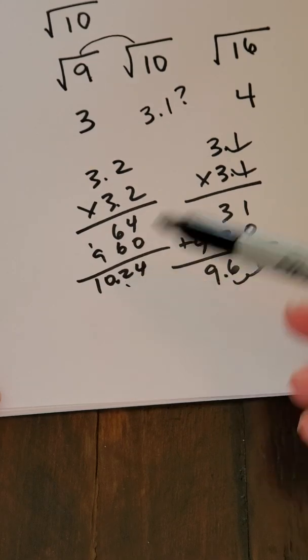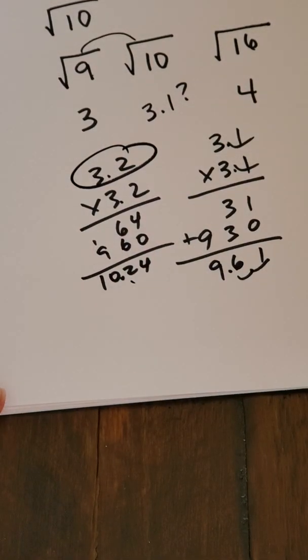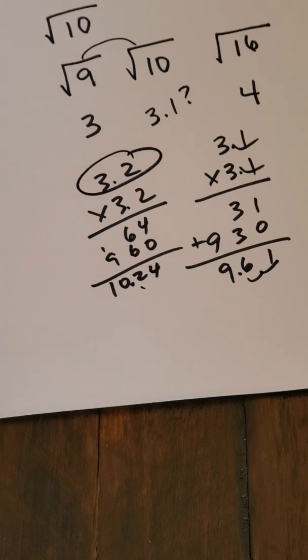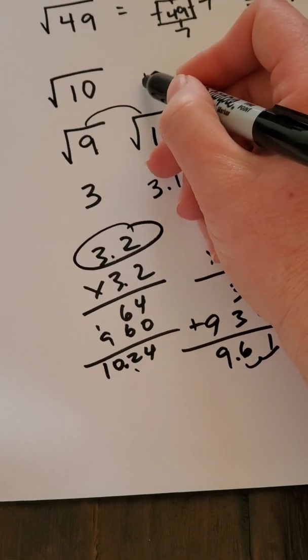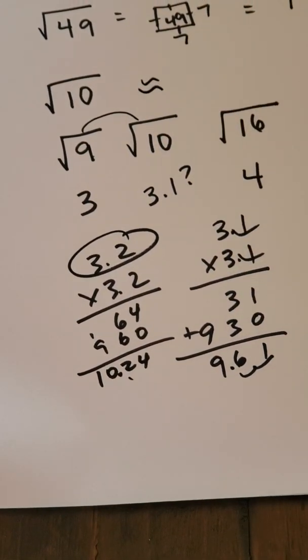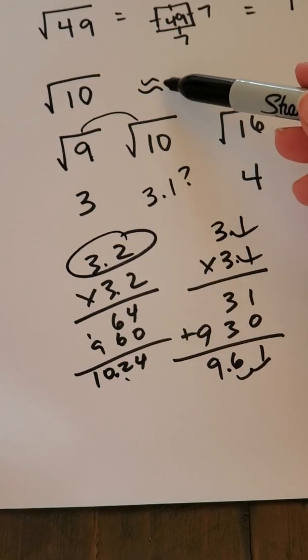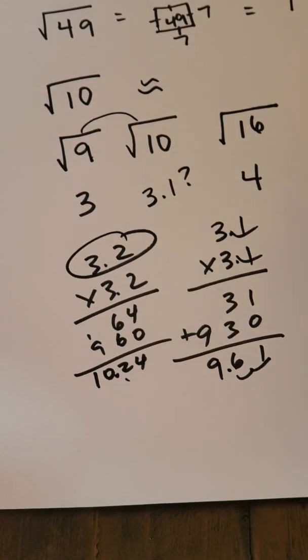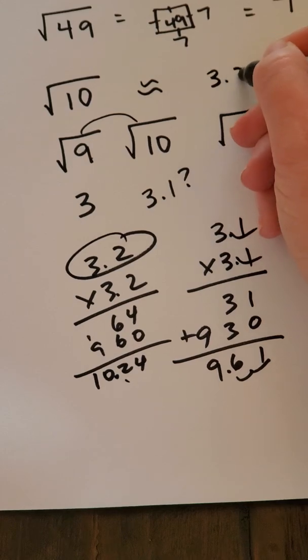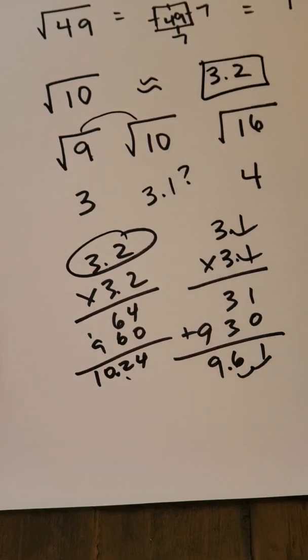So this one would be closer. This is the better answer. So to estimate, it's a roundabout, that means approximately. It's kind of like an equal sign, but it's wavy. So it's roundabout 3.2, and that would be the answer.